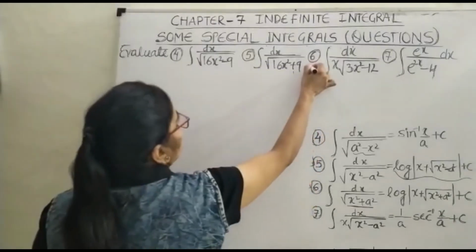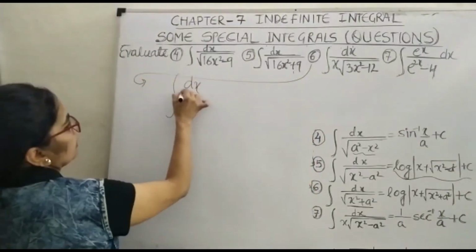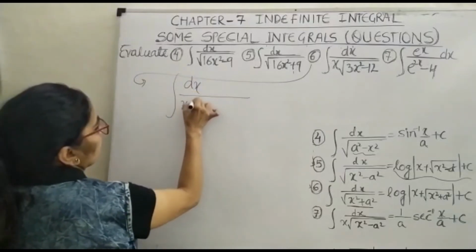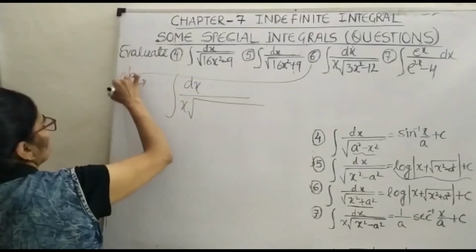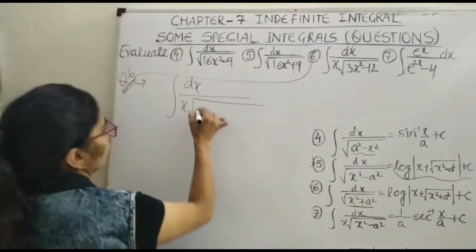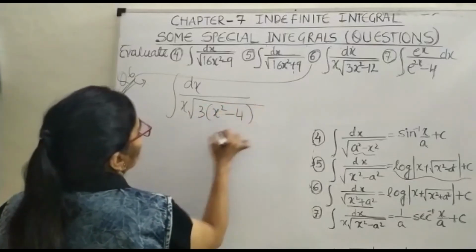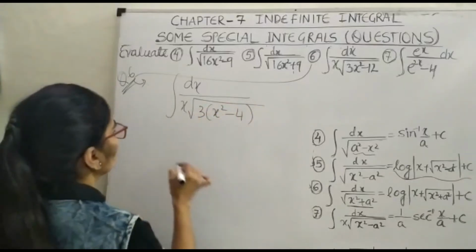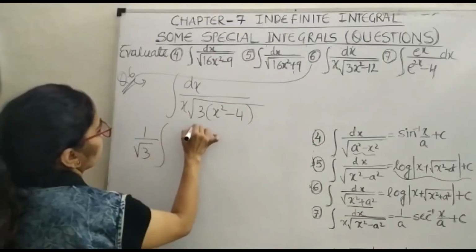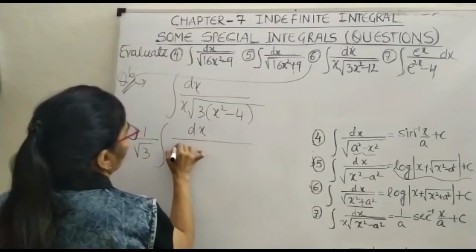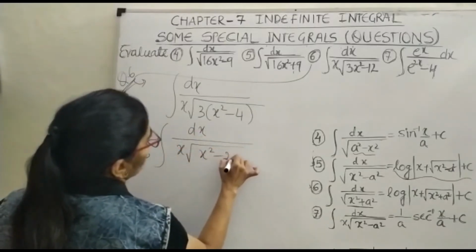Again we are here with the next question. Question number 6, that is dx upon x under root 3x square minus 12. You can see here, this is question number 6. 3 हम लोग कॉमन ले लें तो ये आपका हो जाएगा एक्स स्क्वायर माइनस 4, right? You can take this root 3 outside, 1/√3. So this takes the form dx upon x under root x square minus 2 square.